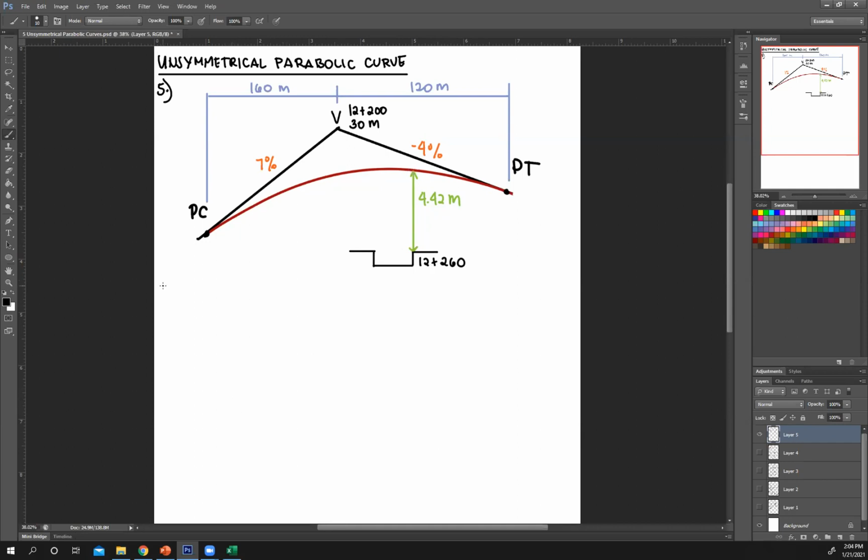So again, let's put that into an equation. Let's say this is point C. So elevation of your curve, point C, equals, we're going to start at station V: elevation of your vertex minus height of this right triangle, so 0.04, times the length of this. Again, if this is 12 plus 200, the station of this is 260. The difference of them is 60 meters.